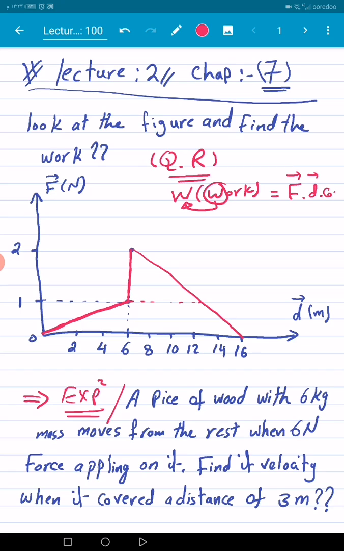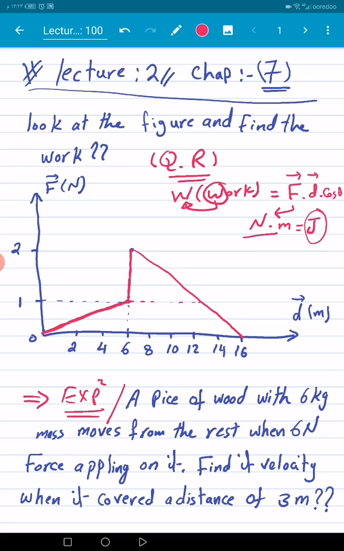The force is measured in Newtons and the distance in meters, so Newton times meter is equal to joule. So the unit of the work is joule.